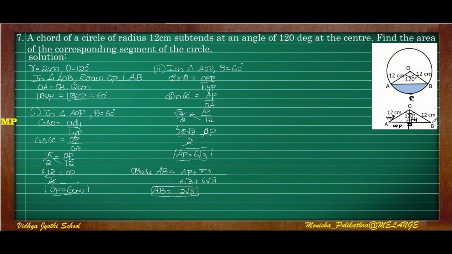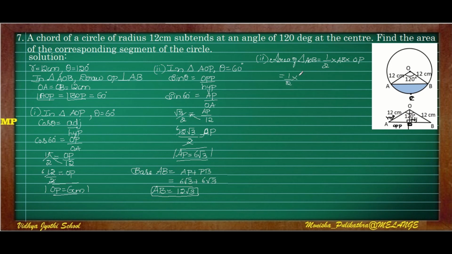So we got AB value, but the value we need is the area of triangle AOB. Since we have taken a perpendicular line, the area of triangle is half into base into height. So area of triangle AOB is equal to half into base AB and height OP.